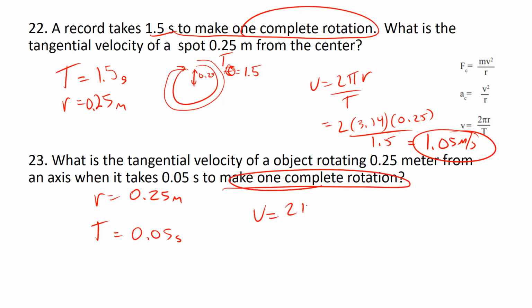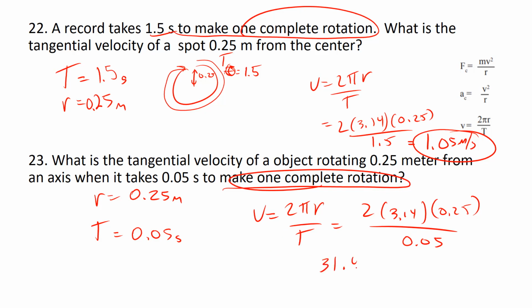V equals 2 pi r over capital T, which equals 2 times 3.14 times 0.25 over 0.05, divided out, and you get 31.4 meters per second.